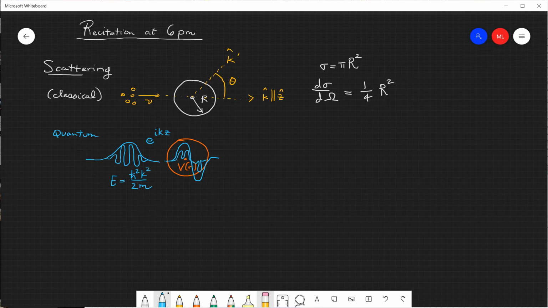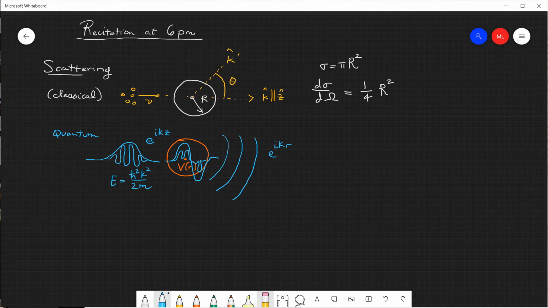Due to the spherical symmetry of the potential, it'll be convenient to analyze what happens after the scattering occurs in terms of spherical waves. So we'll have spherical waves, which are proportional to e to the ikr, with r the radial distance away from the center of the potential.